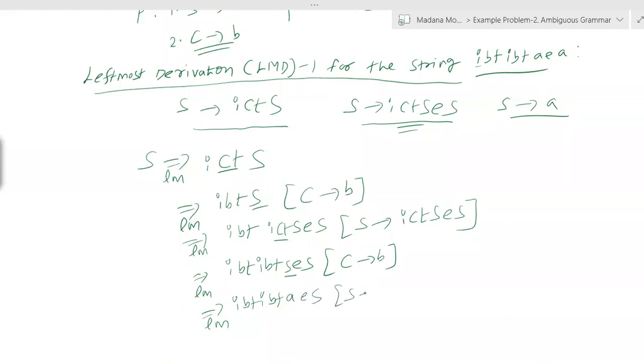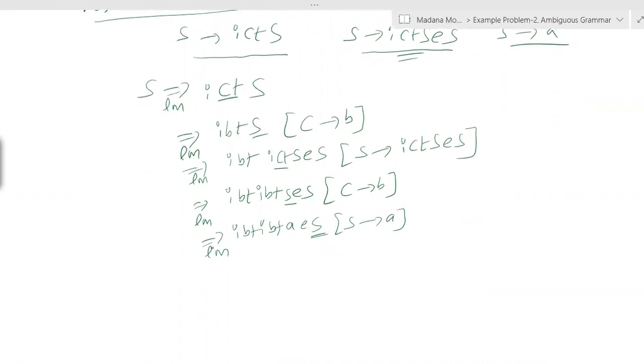Now here what is the substitution we use? S derives A. Then at last we have only one variable. That variable, what is the value required? Terminal A. Directly we have terminal A for S. Then we will get our complete string. Now this will become IBT, IBT, AE, and S is substituted by terminal A. What is the substitution we used here?